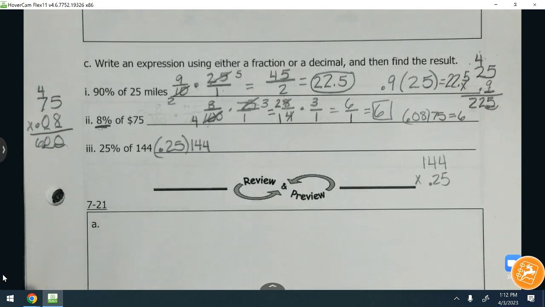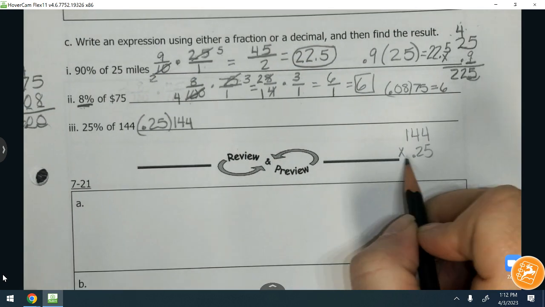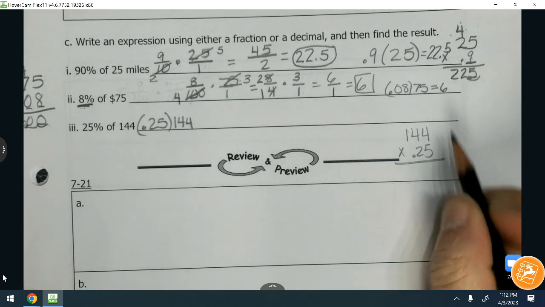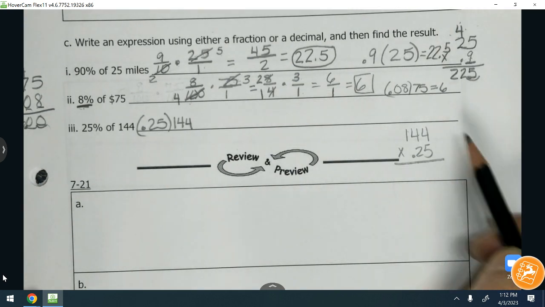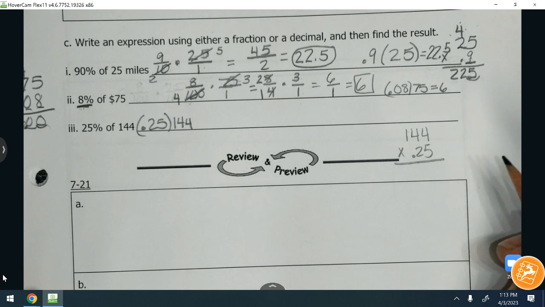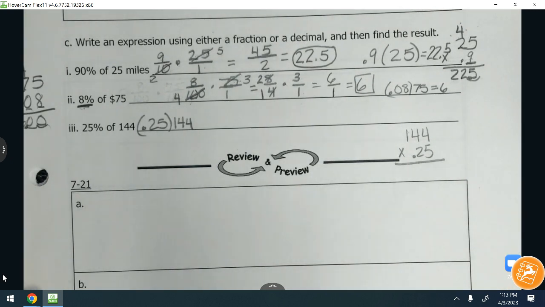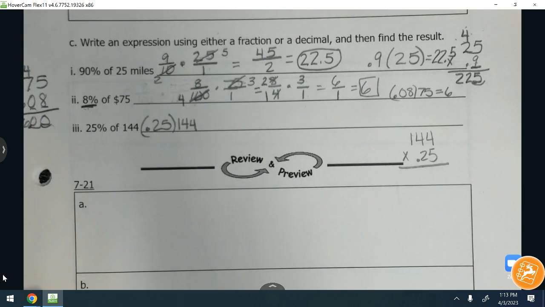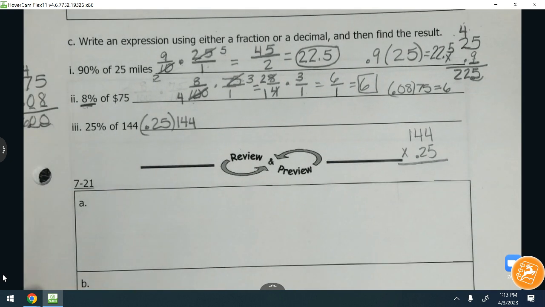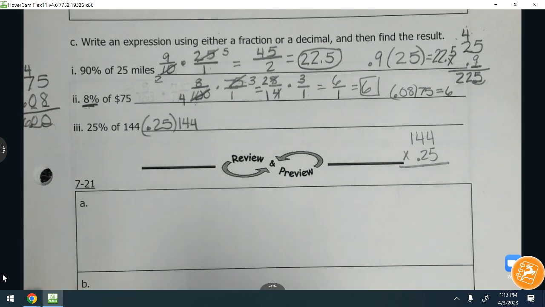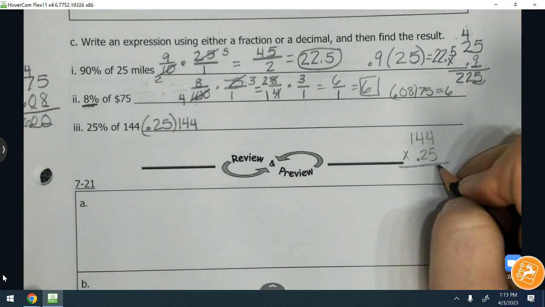Don't forget your decimal. I'll be honest with you, for this particular problem, I think this is my least favorite, because I think it's more work than the other method. That's another nice thing: once you start recognizing patterns, you can pick and choose so that you don't have to work so hard. Because you know Mrs. Fox is all about not working hard like that.